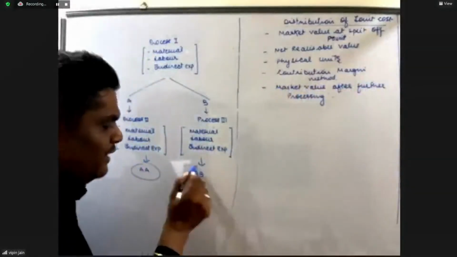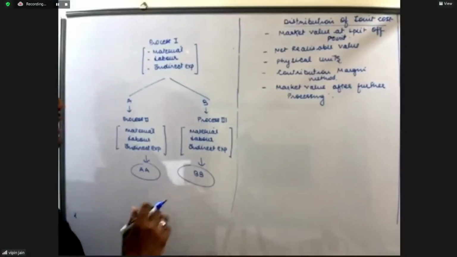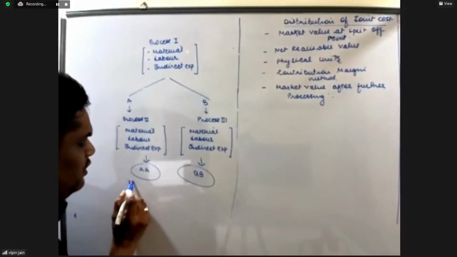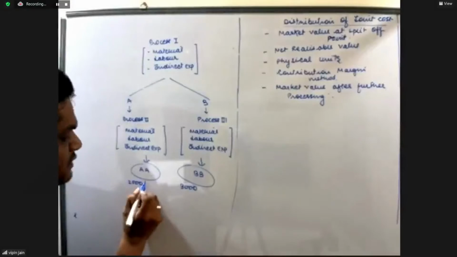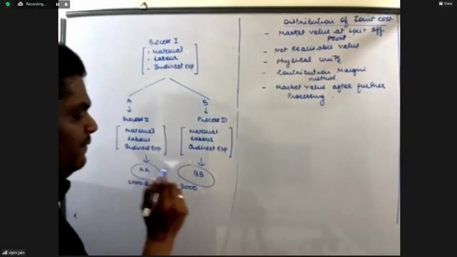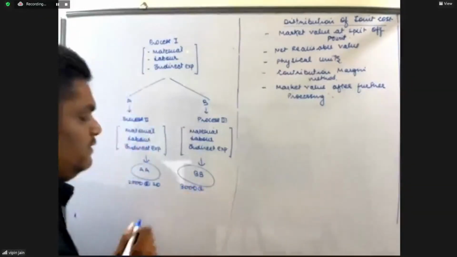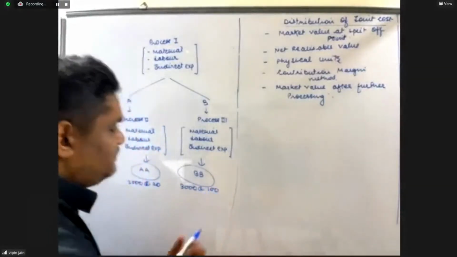They are talking about the market value of A and B. So let's say I have manufactured 2000 units of A and 3000 units of B. Let's say these 2000 units can be sold at the rate of 20 and these 3000 units can be sold at the rate of 100.